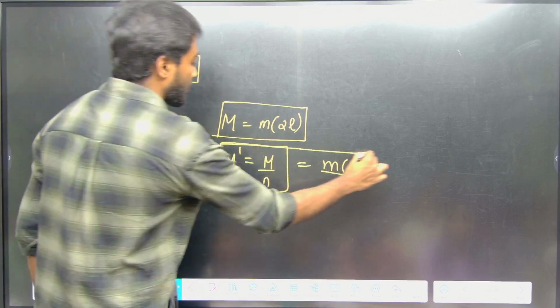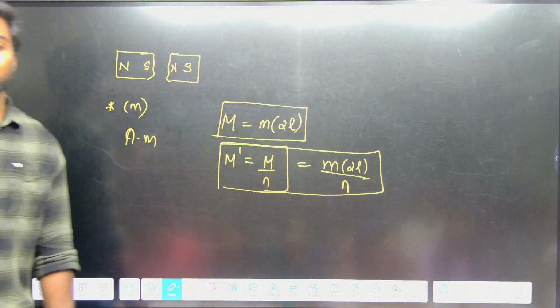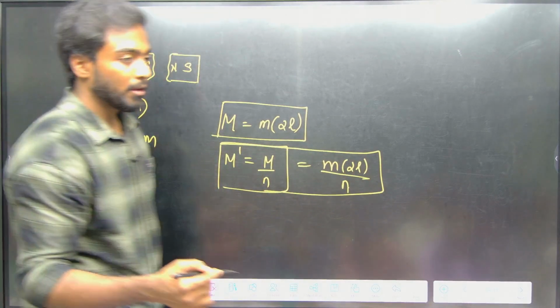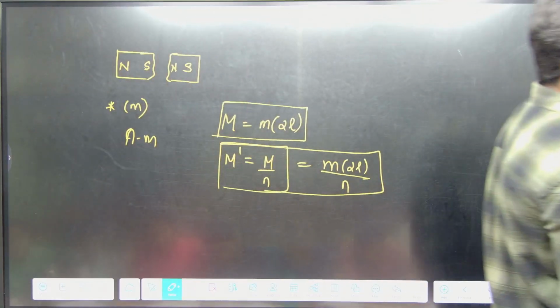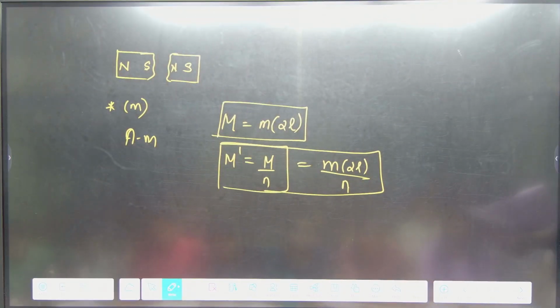The new magnetic dipole moment is M by n, or small m times 2L by n. So n denotes the number of cuts, the number of pieces you can take.